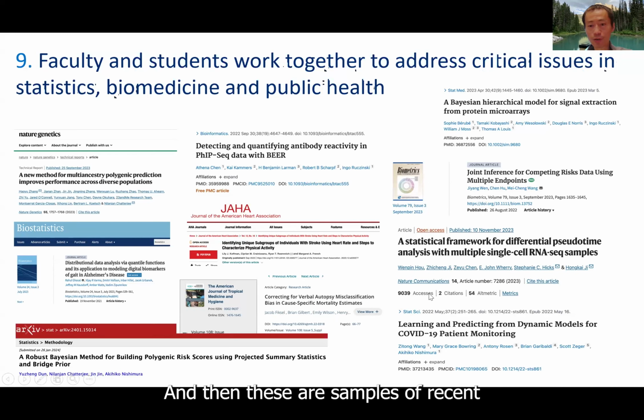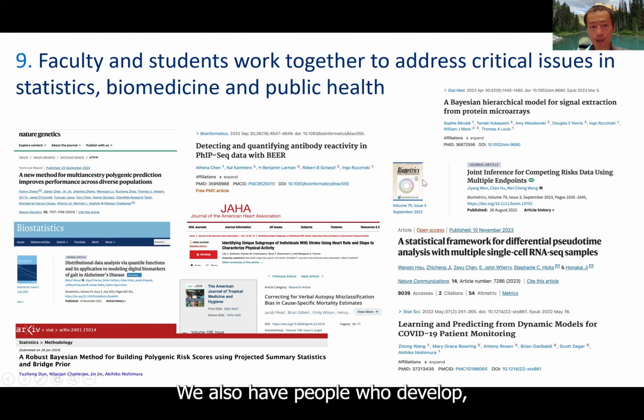And then these are a sample of the recent research output from the department. You can see that there are papers published everywhere about all kinds of topics like genetics. Nature Genetics is a very high profile place to publish findings in statistical genetics, where our faculty develop polygenic prediction to study the disease in the population.